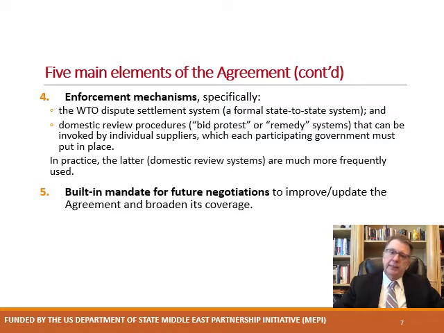The basic idea here is that each member government that participates in the GPA must have in place an independent complaint office of some kind, to which suppliers that feel they have been wrongly treated in a particular procurement process can go and make a complaint and expect to have that complaint reviewed impartially.